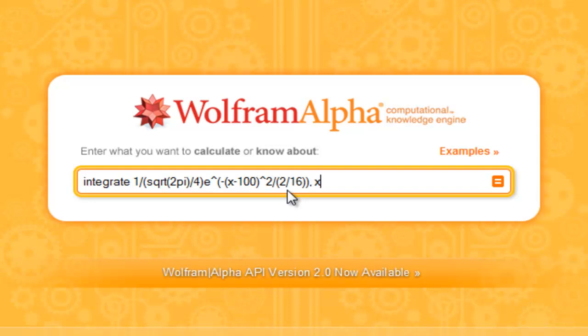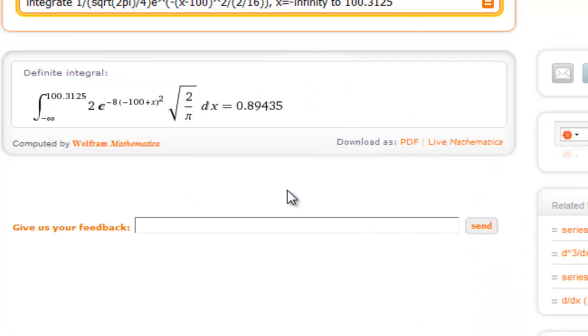And we're going to integrate that from x equals negative infinity to 100 and 5/16. I'm not really sure how to enter 100 and 5/16 into Wolfram Alpha without changing it to an improper fraction, so instead I'm just going to use the decimal. The decimal for 5/16 is 0.3125. Okay, so we get that this probability is about 0.8935.